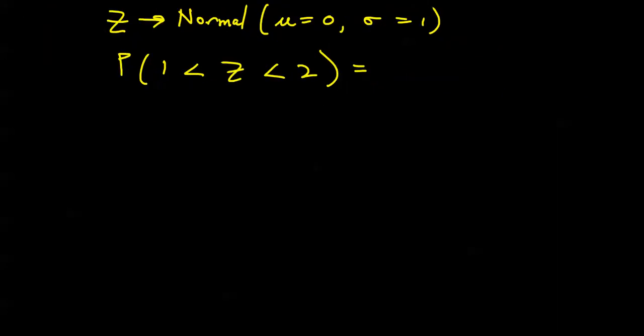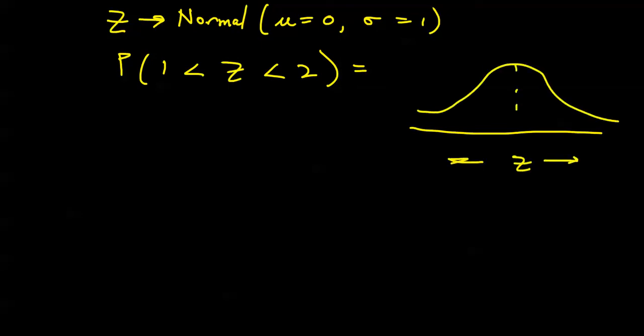Well, in terms of a picture, I can easily draw a standard normal distribution peaking at 0. Let's say 1 degree Celsius is about here on our scale, 2 degrees Celsius is about here on our scale, and I claim this area that I've shaded in under the z-curve is the area I seek.